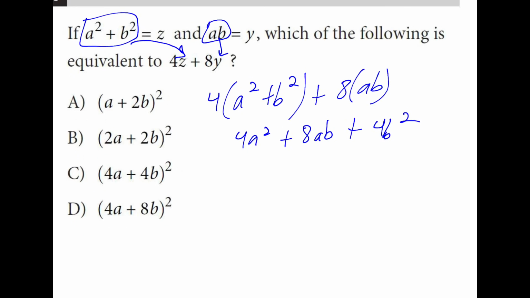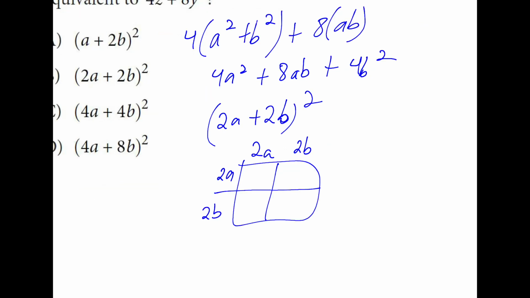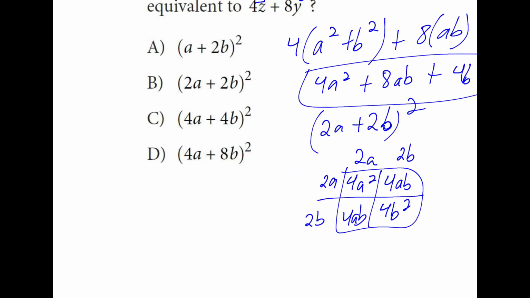I'm going to write it that way because this makes it pretty clear that I'm looking at 2a plus 2b squared. If I wanted to test it, I could try 4a squared, 4b squared, 4ab, 4ab, everything checks out. So there's my answer, 2a plus 2b squared.